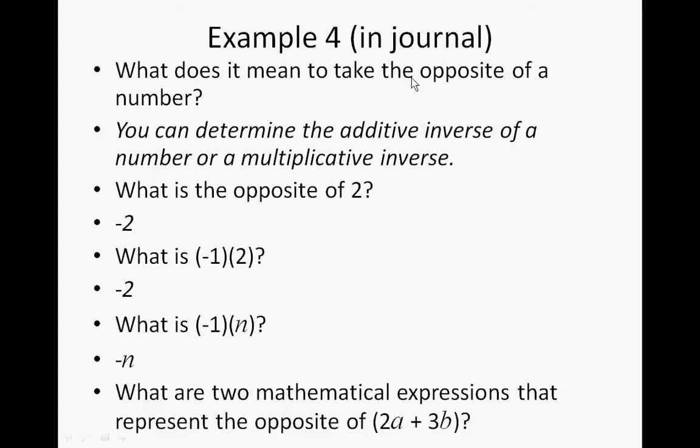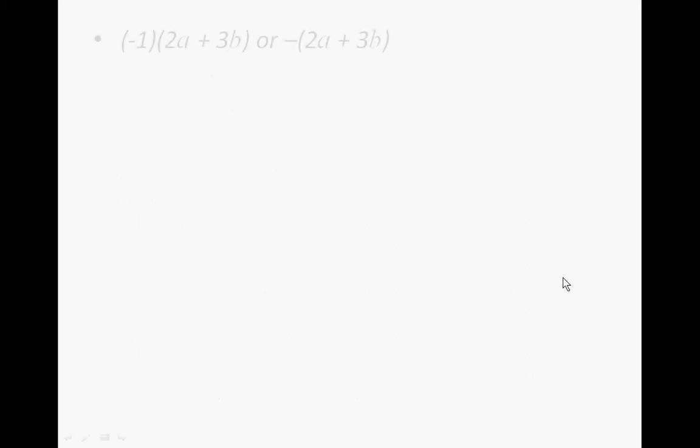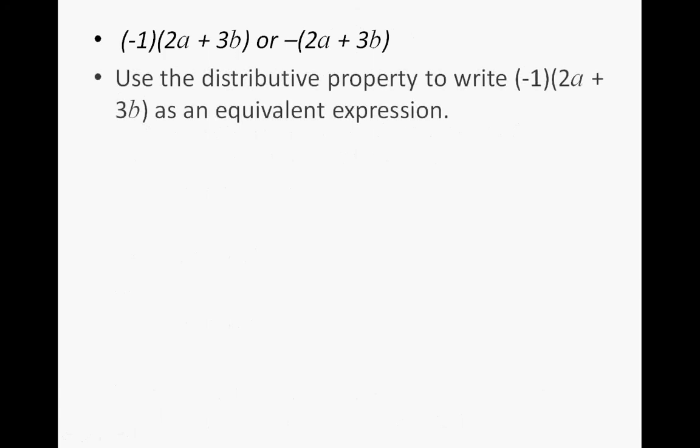Remember, going back to this right here, taking the opposite of a number, which is negative 2, is the same as multiplying that same number by negative 1, which also gives us negative 2. So use the distributive property to write negative 1 times the quantity of 2a plus 3b as an equivalent expression.